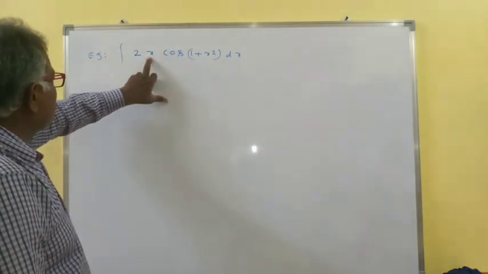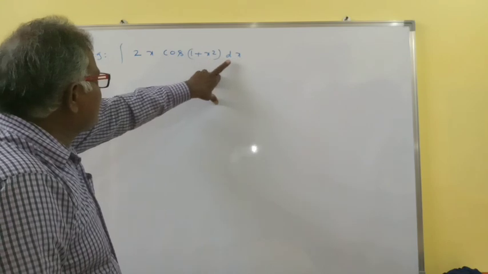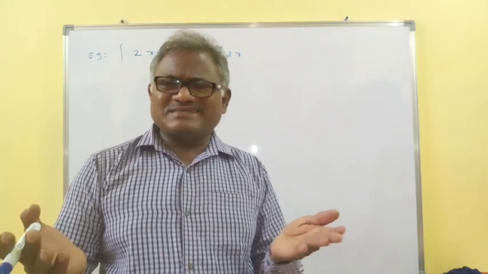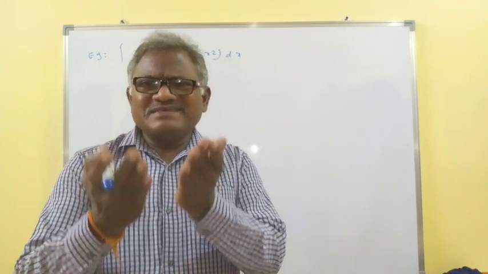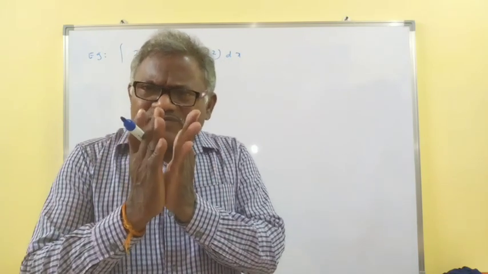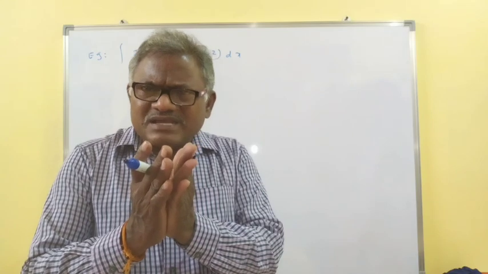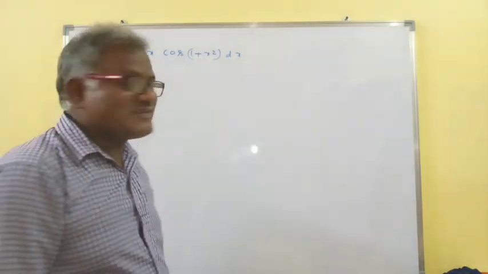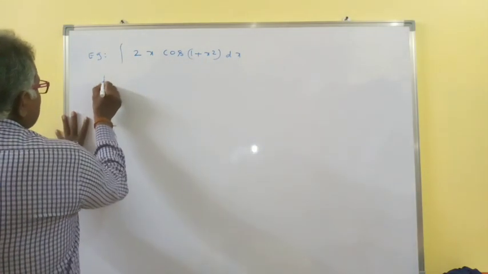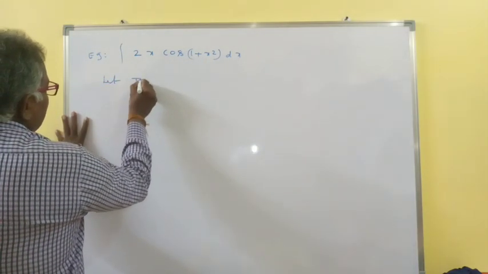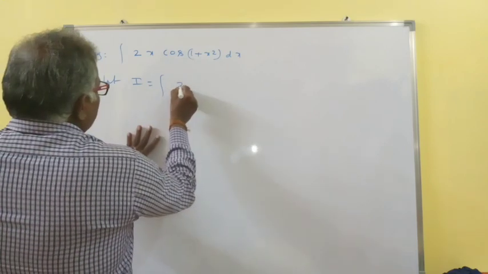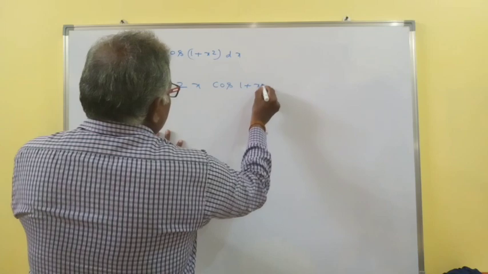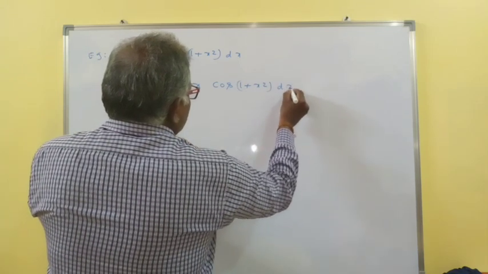Here you see 2x into cos of 1 plus x square dx. We know the integral of cos x is sin x. So we know the formula for the integral of cos x dx, but in place of x, the term is 1 plus x square. So that's why, this is the method of substitution.